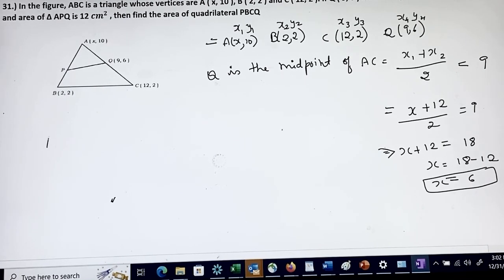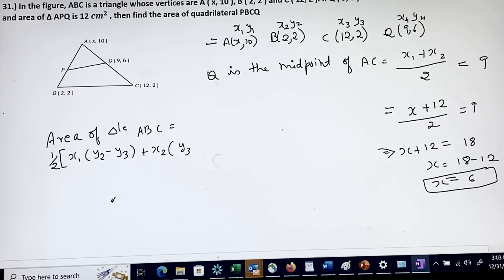Now area of triangle ABC. Okay, area of triangle ABC. So we know the formula here, that is half, x1 y2 minus y3 plus x2 y3 minus y1 plus x3 y1 minus y2.